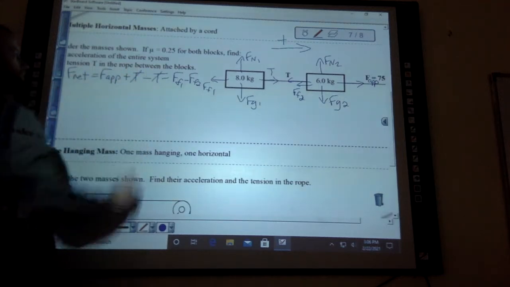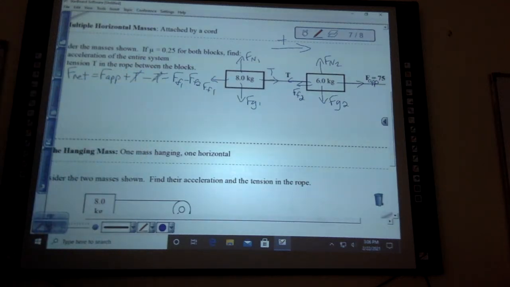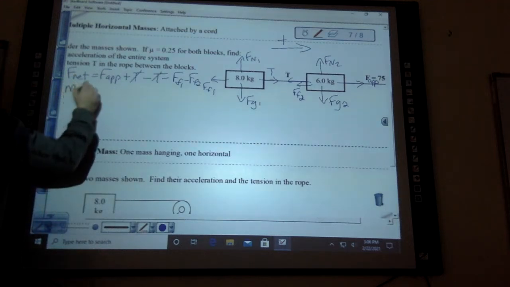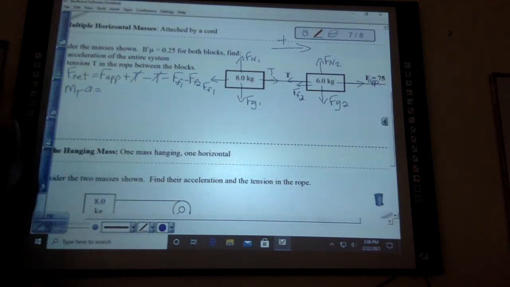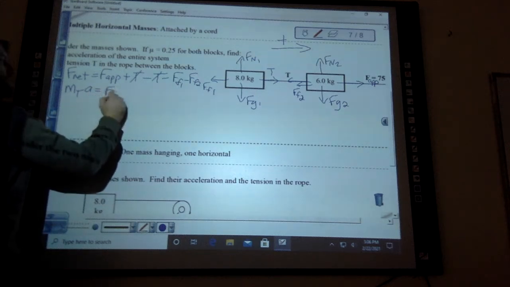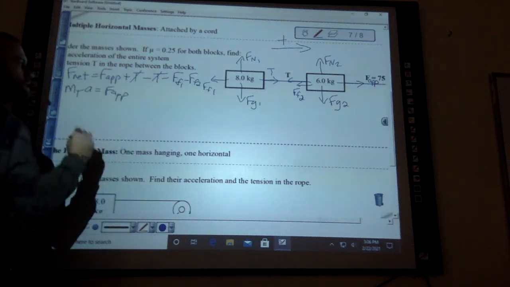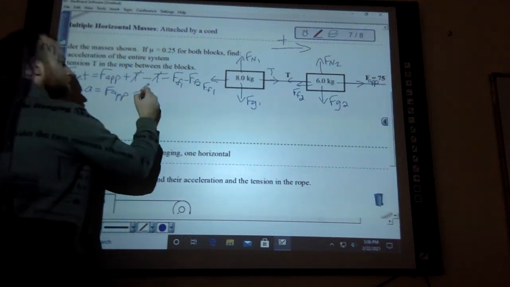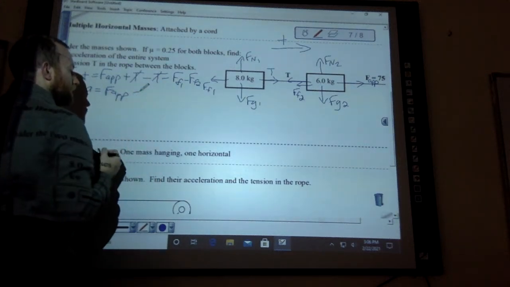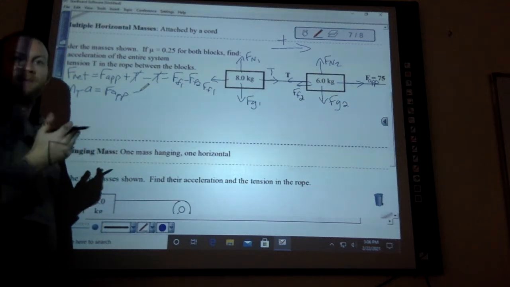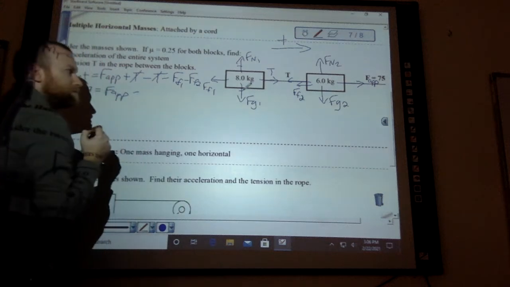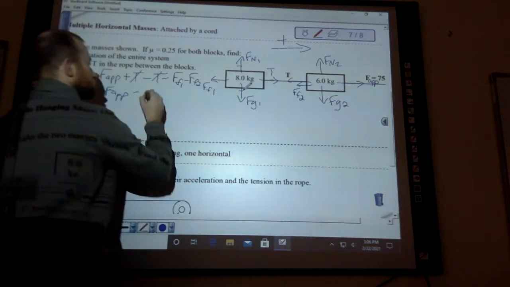Tensions cancel, thankfully. Now we need to solve this. So F net, this is the mass total, because we're looking at the whole system, equals force applied, because that value we're going to be given, minus force of friction 1. Remember, force of friction is just mu times the normal force. The normal force is equal to Fg, and Fg is equal to mg.